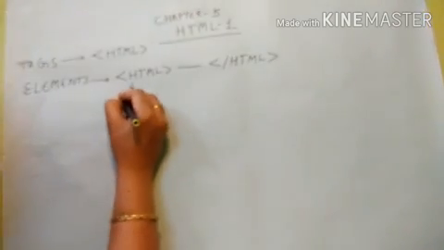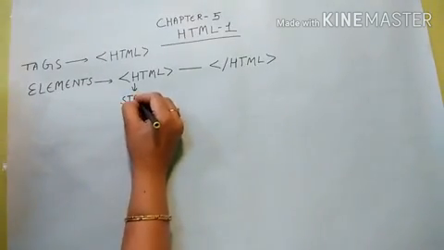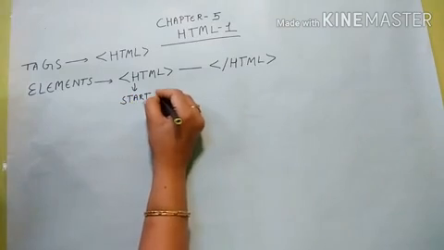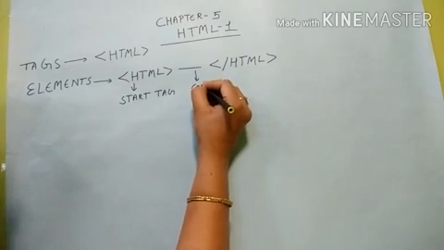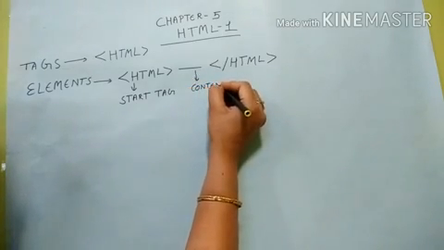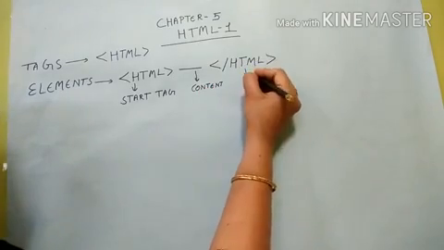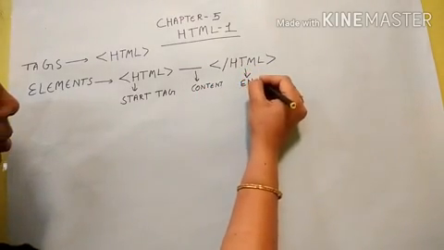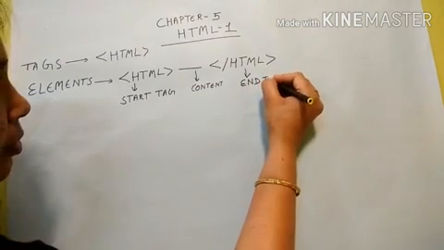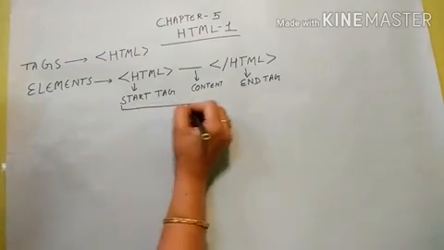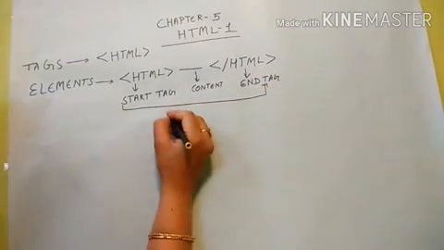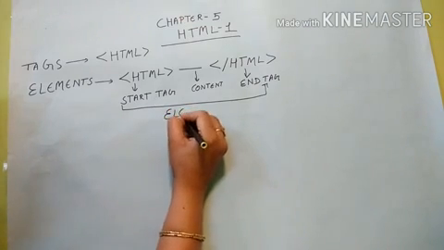Then this part is known as start tag. This is known as content. And this part is known as end tag. So, the collection of all these three things will be known as an element.